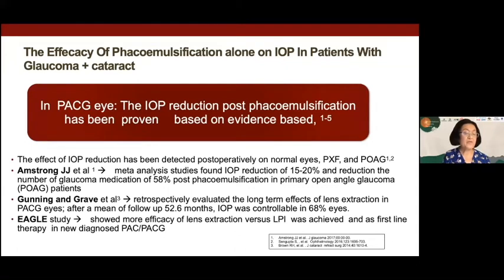A meta-analysis by Armstrong et al. found a 15-20% reduction of IOP and a reduction in the need for glaucoma eye drops by up to 58% in POAG patients after phacoemulsification. Meanwhile, the EAGLE study showed no efficacy was achieved with clear lens extraction performed after laser peripheral iridotomy.